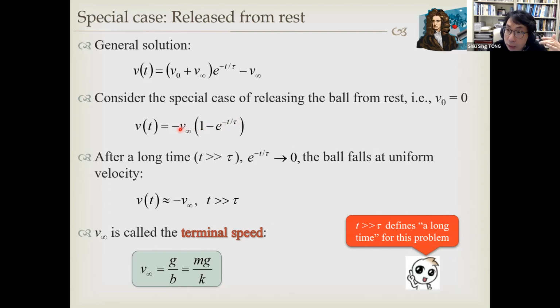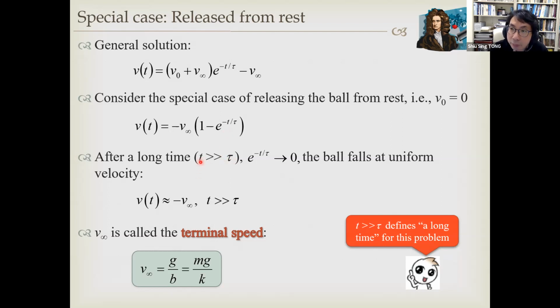So the velocity increases. Is that right? But in a negative direction, meaning that the velocity increases in a downward direction because the object is now falling. Is that right? So that's correct. The velocity initially is 0 and then it increases with time because it is accelerated by gravity downwards, right? But eventually, after a long time, and what we call a long time is actually we mean the time t to be much larger than tau, the time scale of the problem.